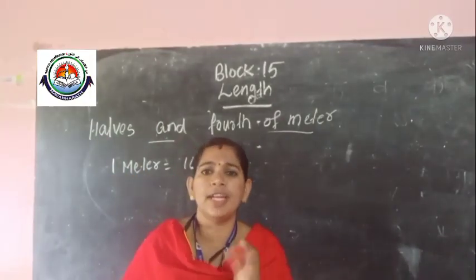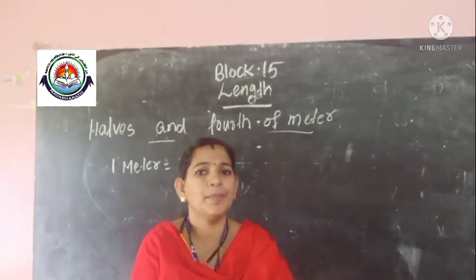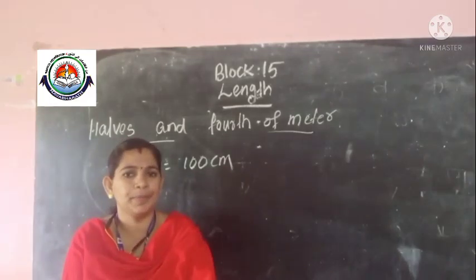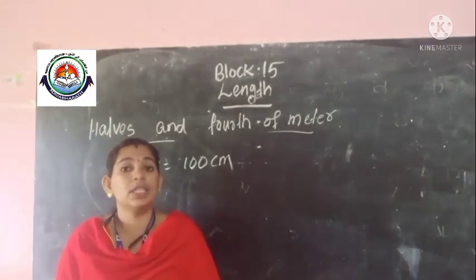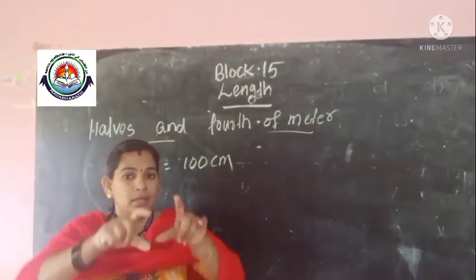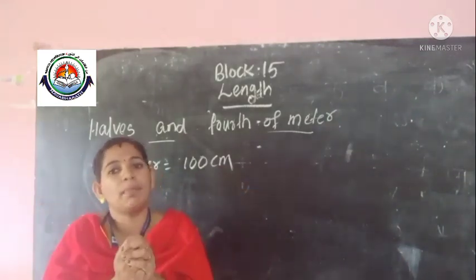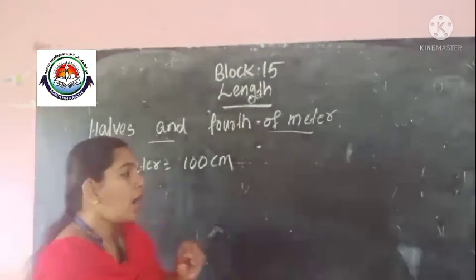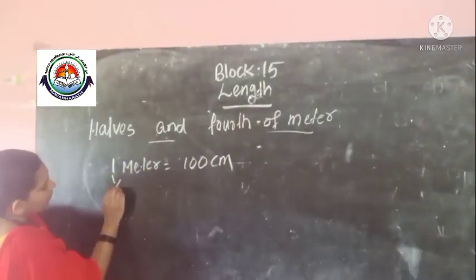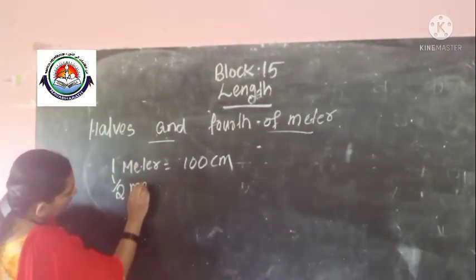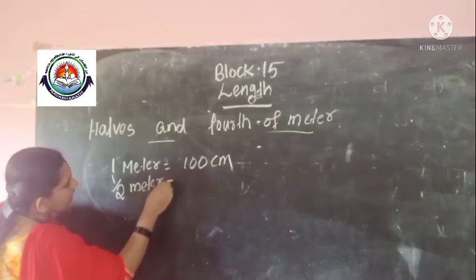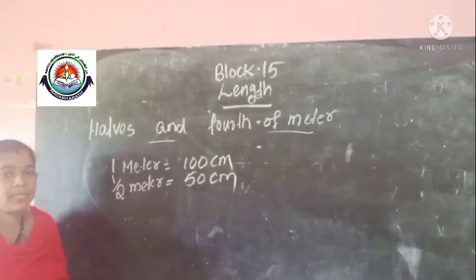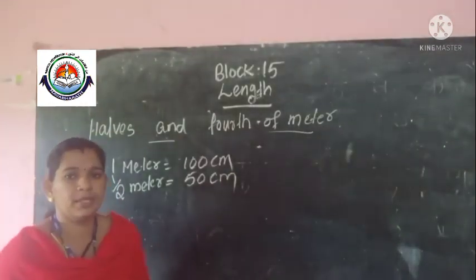Then take half of that 100. What is the value of half of 100? I just cut this meter scale in two equal parts. What do you get? Yeah, 50 centimeters. So half meter is 50 centimeter.